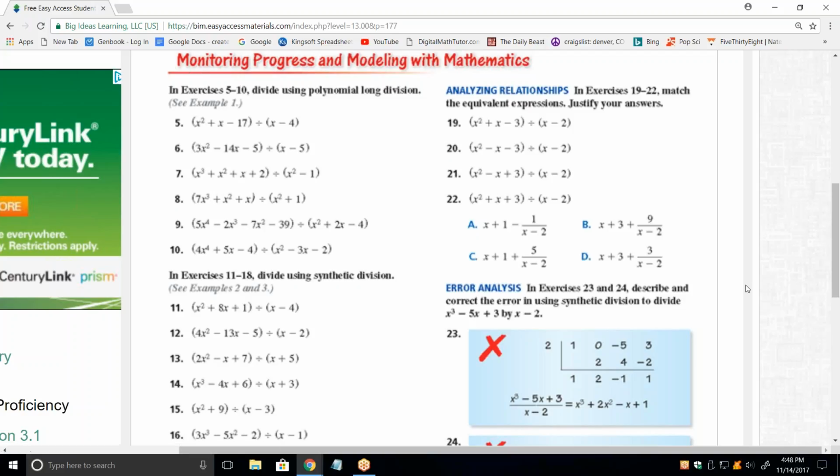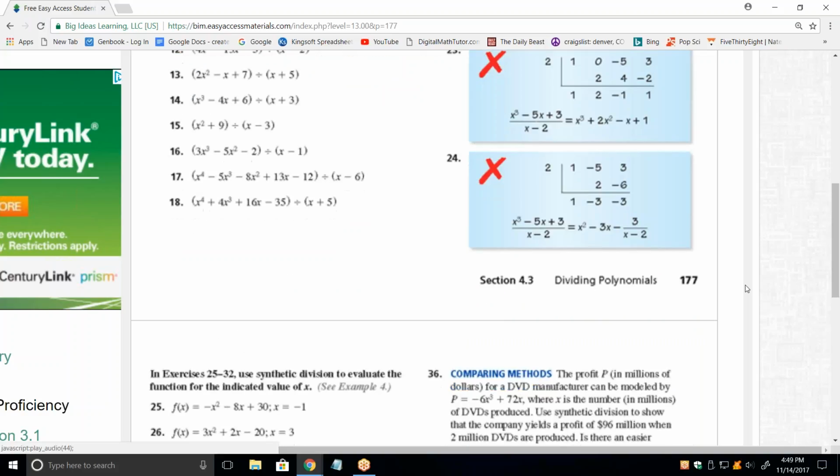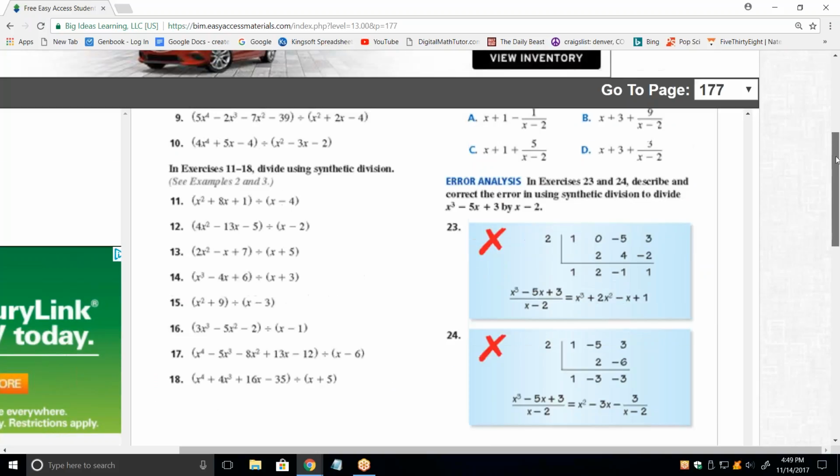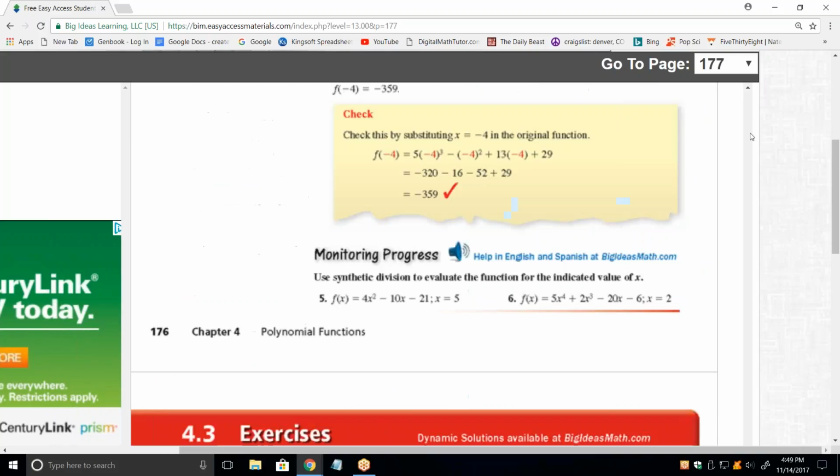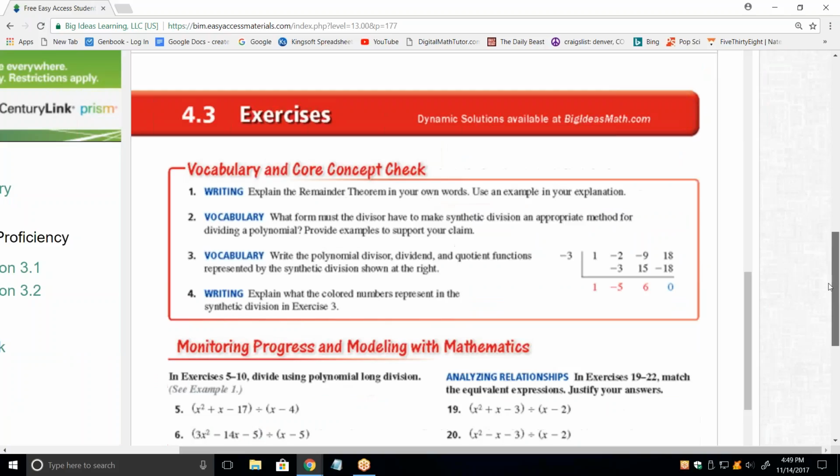Trying to figure out why they did it like this. In other words, we just did a ton of problems that were much harder than the ones they're showing us now. And yet now they give us multiple choice? Doesn't that seem a little strange to you also?